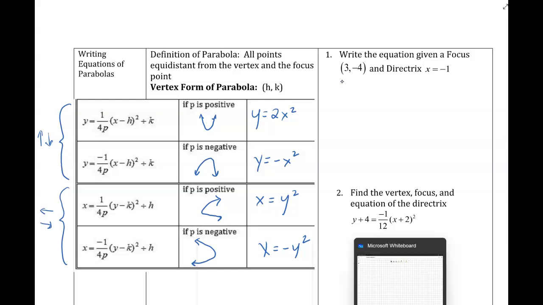So I'm going to pull up a graph in order to write this equation. I have some graph paper here. Again, we were told that the focus was 3, -4, and the directrix was x equals -1.